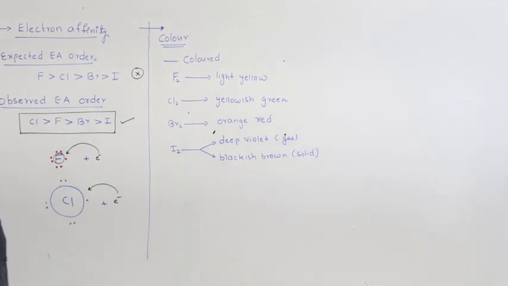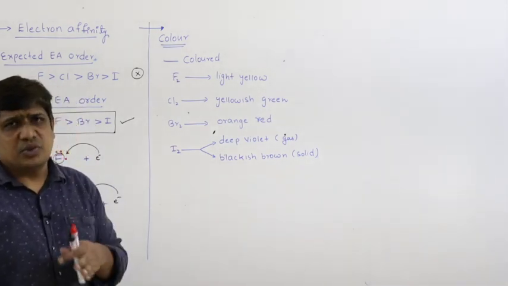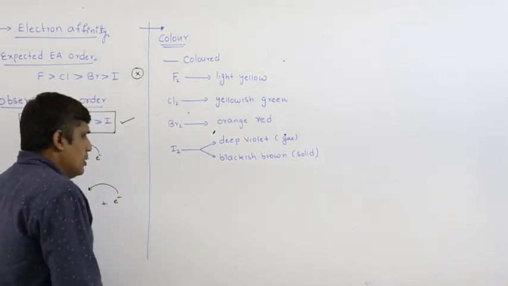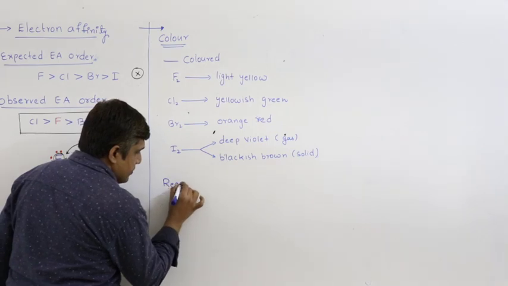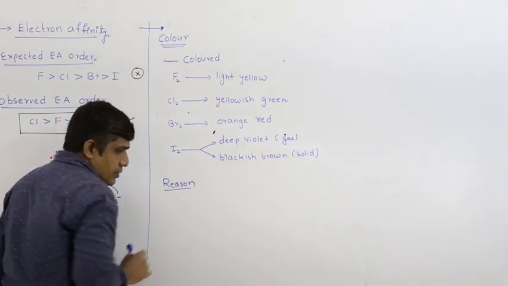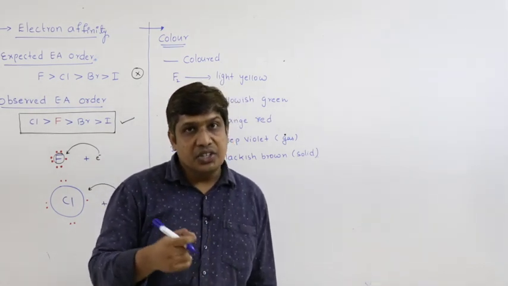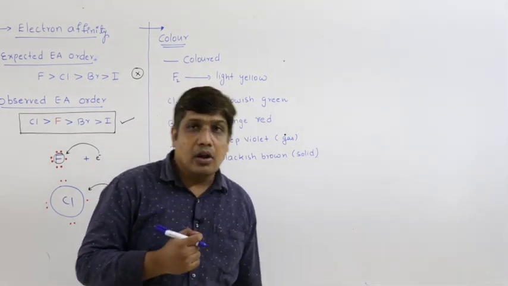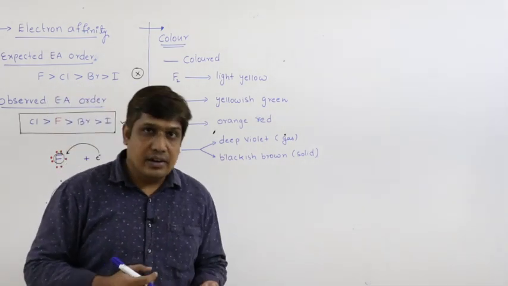Right, these are the colors of the halogens. Next, why do they possess color? The reason for the color is based upon the molecular orbital energy diagram, which you have drawn for oxygen and nitrogen.